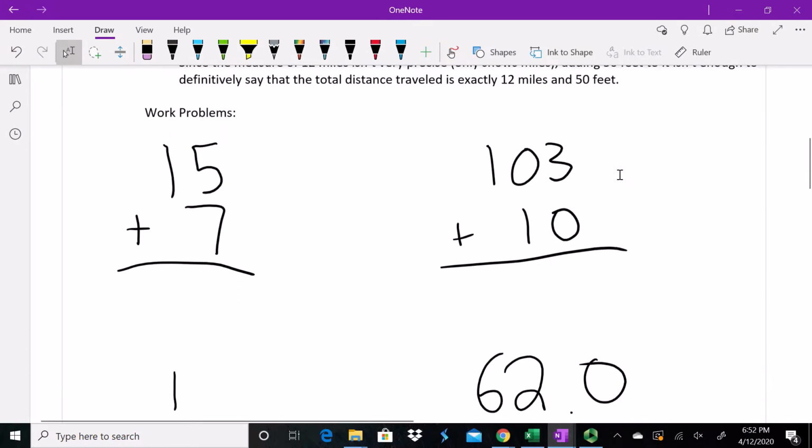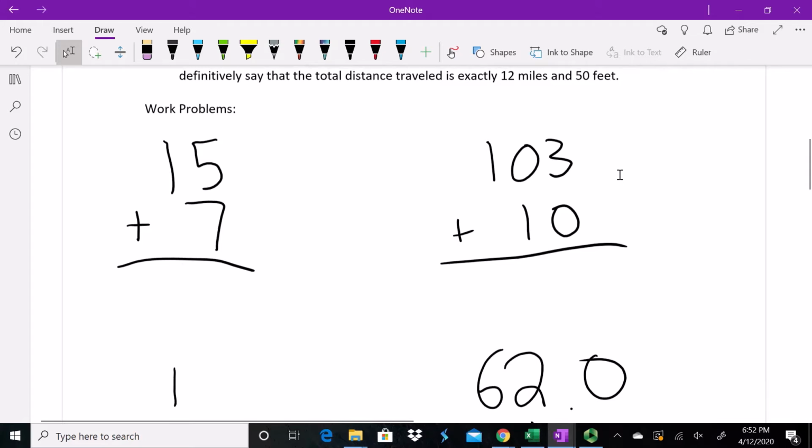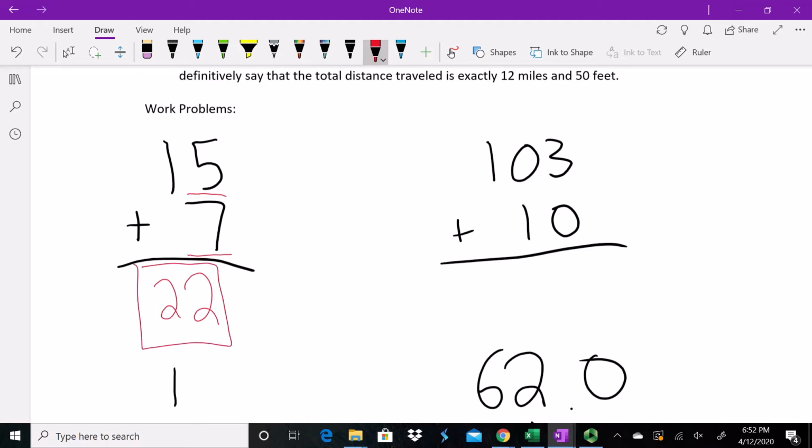So here are some work problems. I have 15 plus 7, and what I should get from this is 22. But what I need to see is the least precise place value of each of these numbers. In this case, it was the ones column for the 15 and the ones column for the 7, which means my final answer doesn't change. If I do the math of this second problem, I get 113.